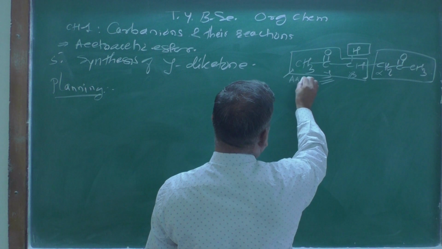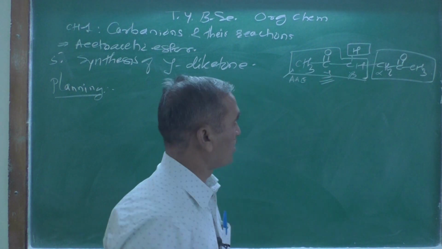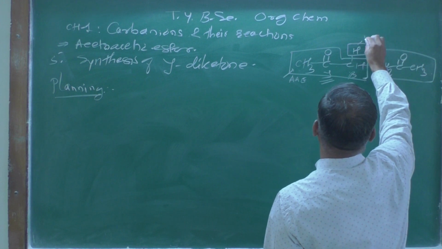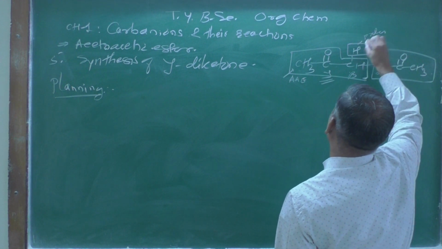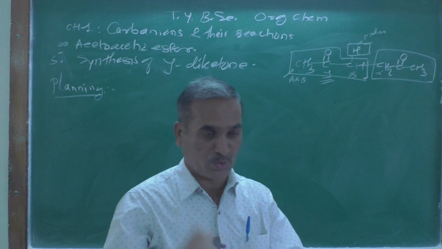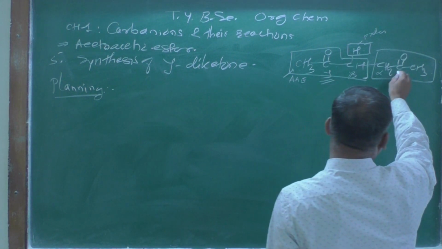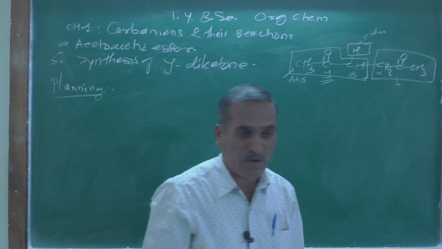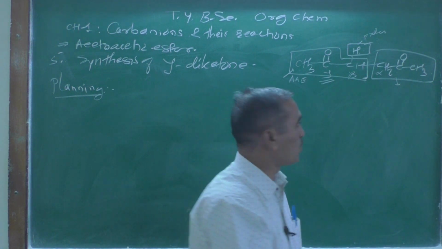This part is coming from acetoacetic ester, and this hydrogen is coming from protonation. Now CH2, C double bond O, CH3, this part is coming from the alpha bromo ketone, right?